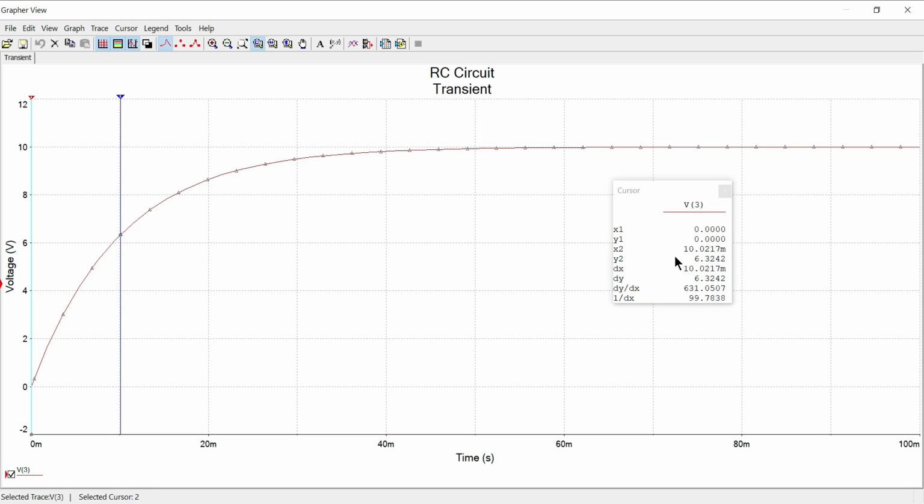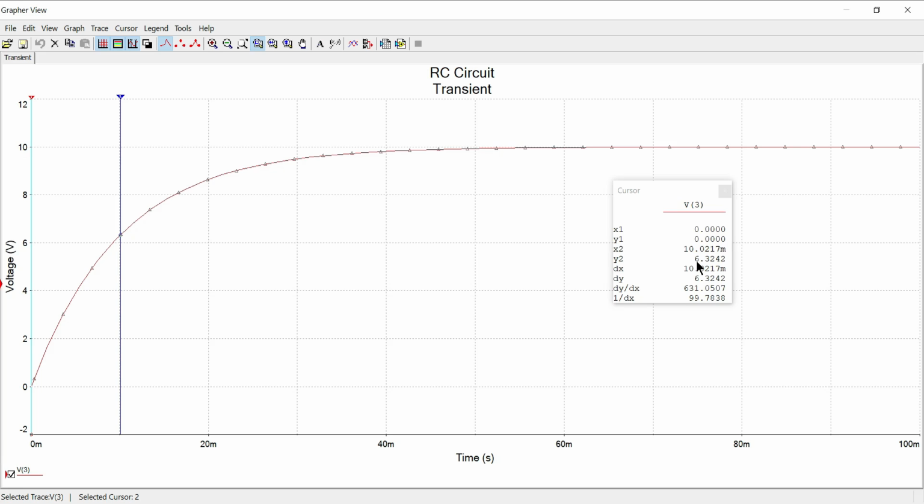As you can see, the x2 value represents your time and y2 value represents the corresponding voltage. So when time equals 10 milliseconds, your voltage is 6.3 volts, that is 63.2% of its final value.